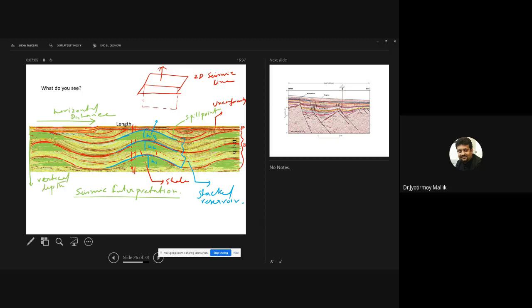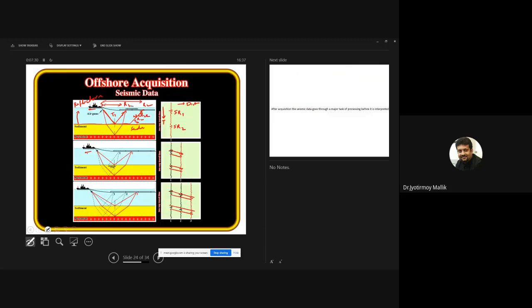A seismic image can be expressed in the depth domain, or it can be expressed in the time domain as well. You remember in the last picture, these are T1 and T2, which we call two-way times, because the wave goes once and then comes back. Hence, T1 or T2 will be called TWT, or two-way time.